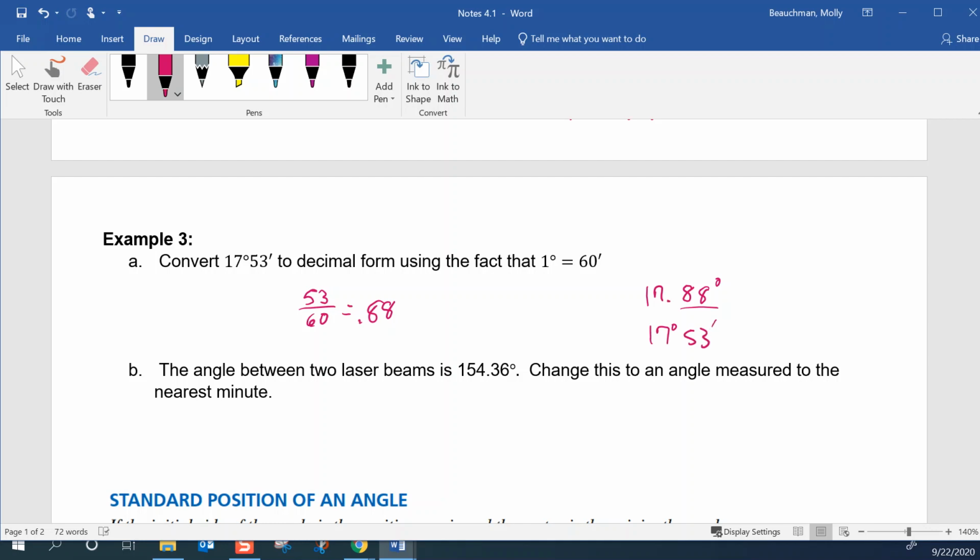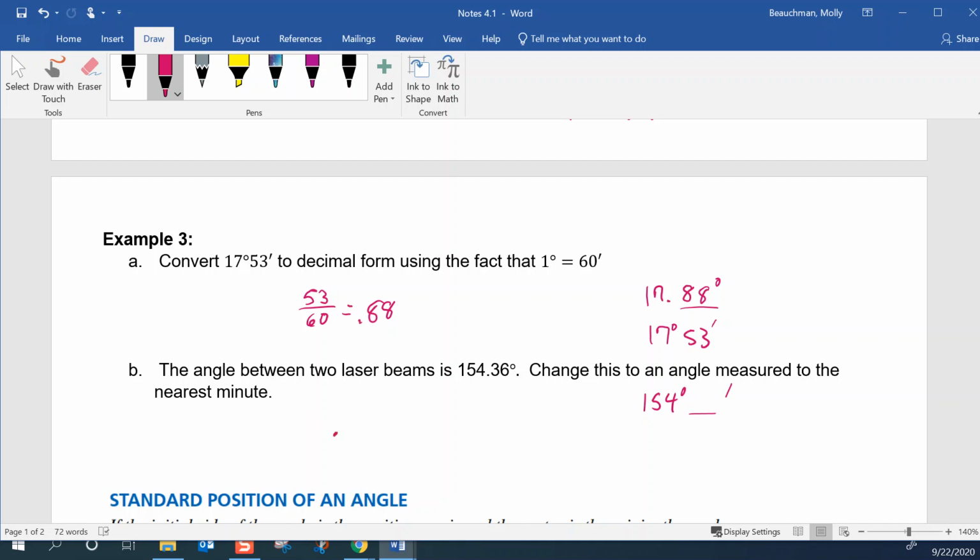All right, what if we want to go the other way? The angle between two laser beams is 154.36 degrees. Change this to an angle measured to the nearest minute. So now we want that to be minutes. I have 154 degrees, and then I want to know how many minutes 0.36 is.